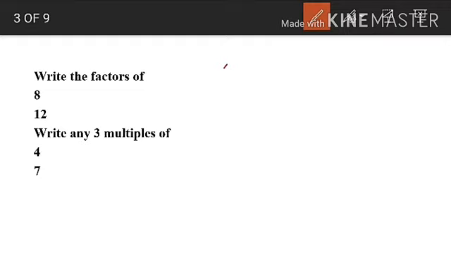We have to find 3 multiples of 4. So let us multiply 4 with any 3 numbers. 4 into 2, we get 8. So 8 is a multiple of 4. Also it is a multiple of 2, but here we have to find the multiples of 4.